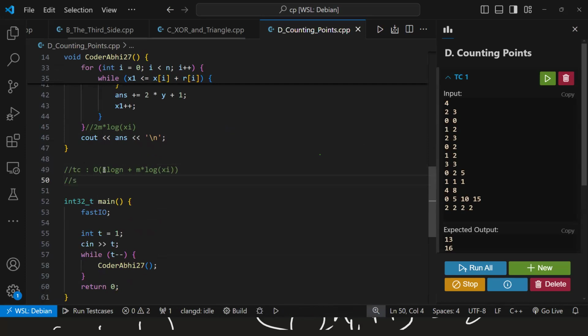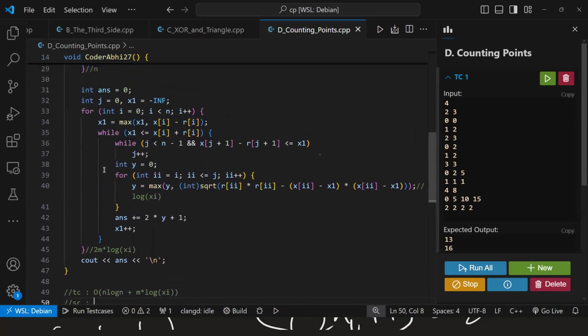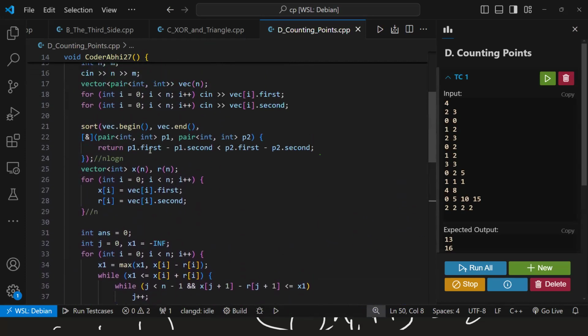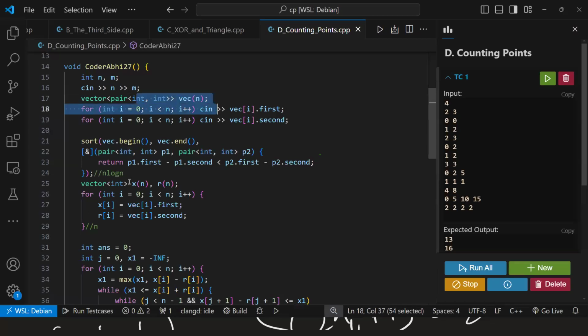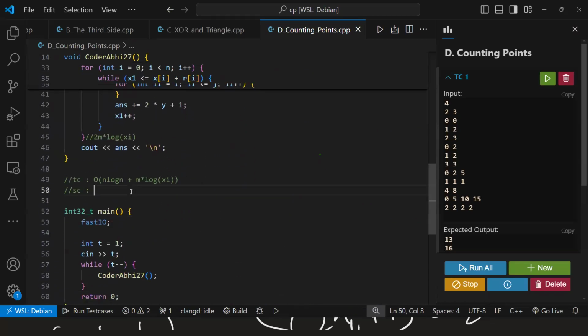And my space complexity would be: I'm just using a vector of pair of size n, and these vectors are also of size n. So order of n.